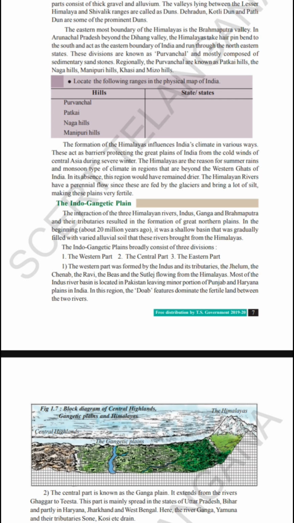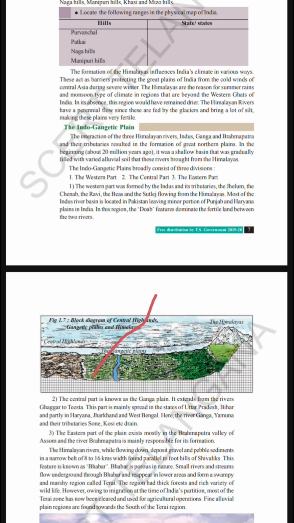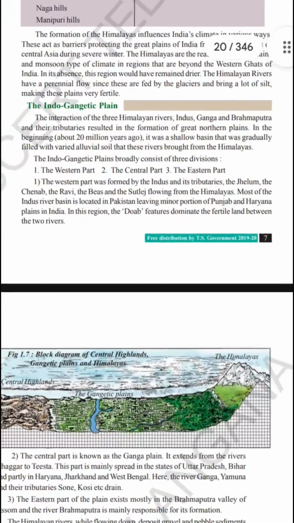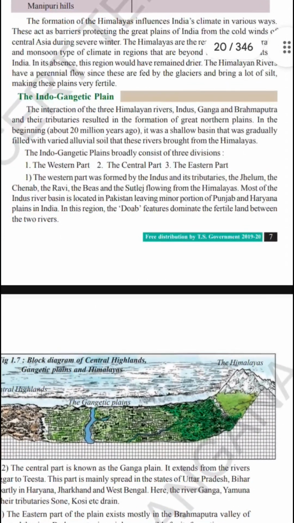Tributaries in the sense the rivers which are joining into the large rivers. Take the example of the western part, how the western part is formed. As I told you, it is formed with the help of Indus and its tributaries.